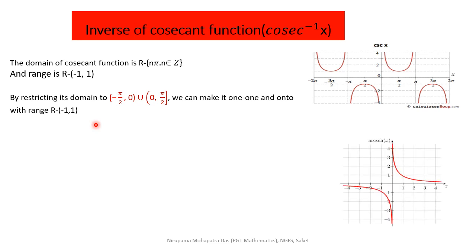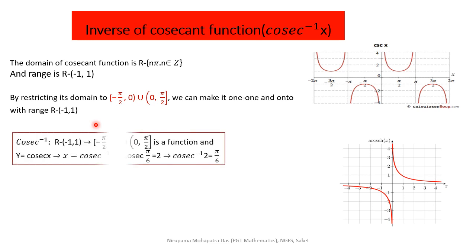So here if you see cosec inverse, this is a function from R minus the open interval minus 1, 1 to the closed interval minus pi by 2 to pi by 2 minus 0, or you may write it like this also, right?